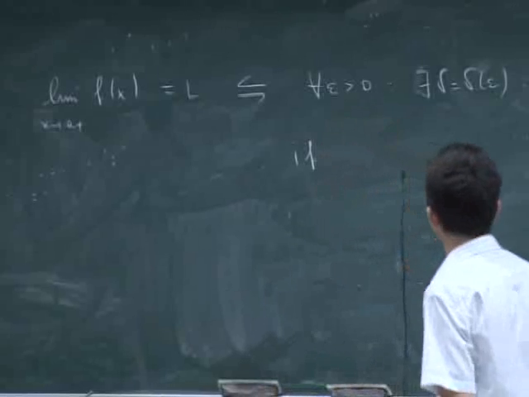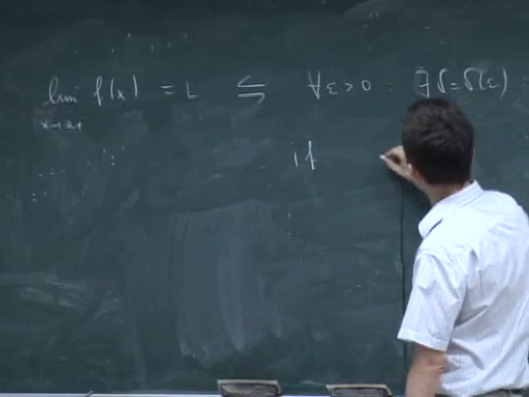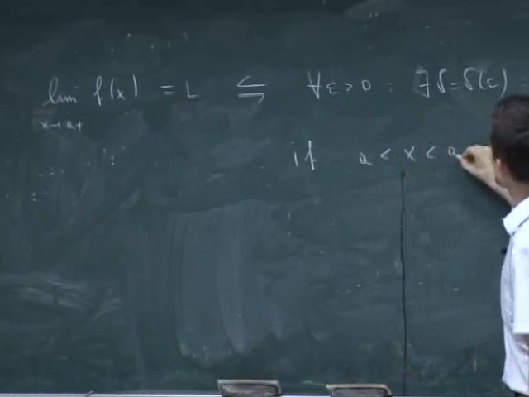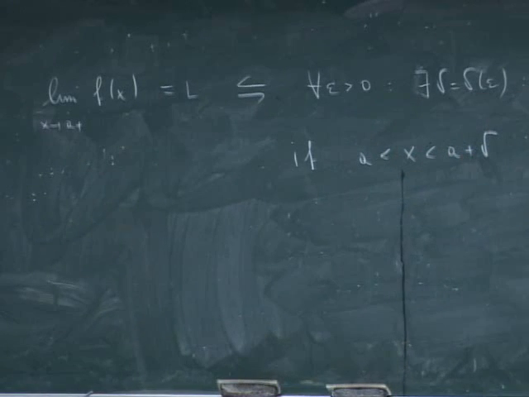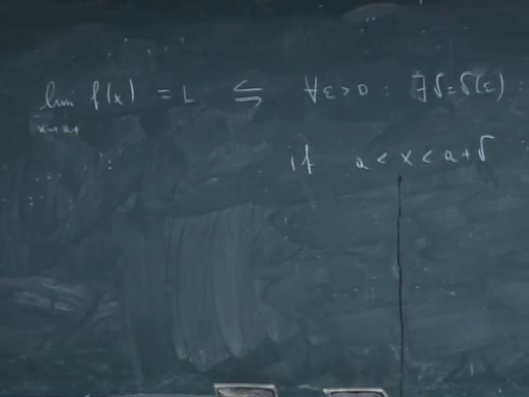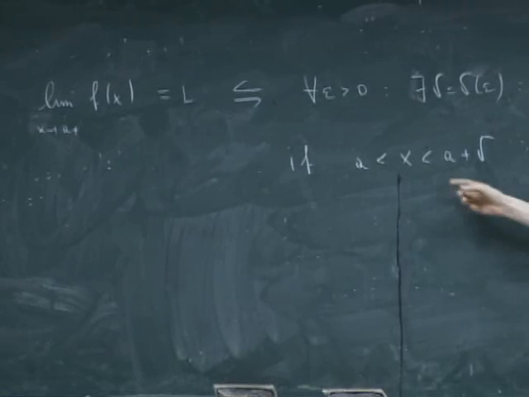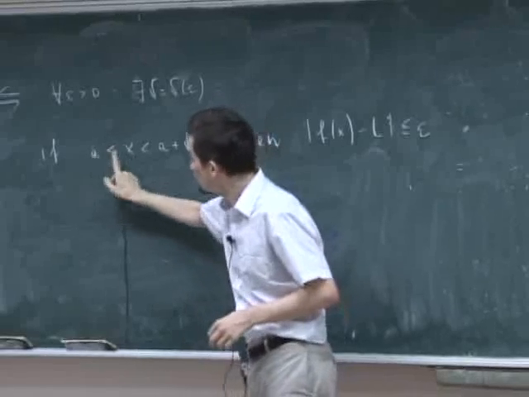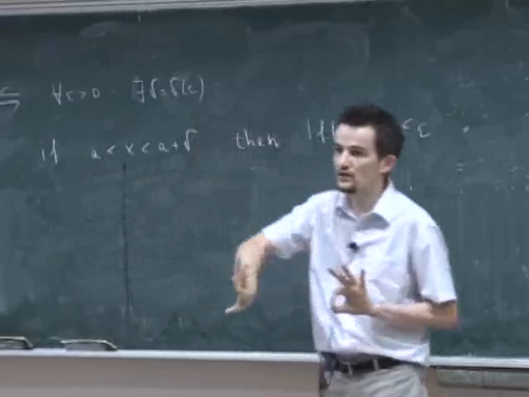Now the only difference is that if x is larger than a and smaller than a plus delta, we just care about one side. Then the difference of f of x and L will be smaller or equal than epsilon. So the only difference is here. Of course, we stay away from A, and we are just on the right.